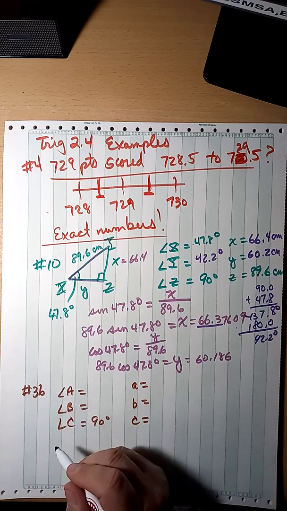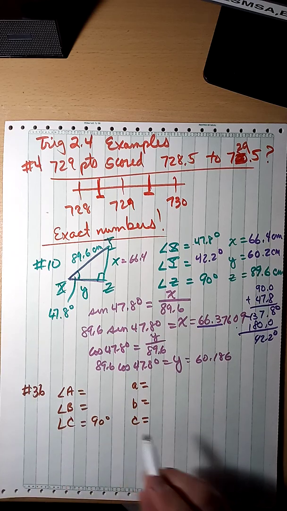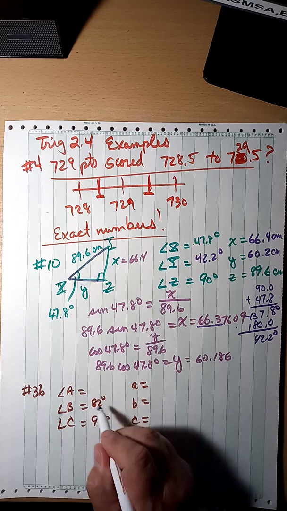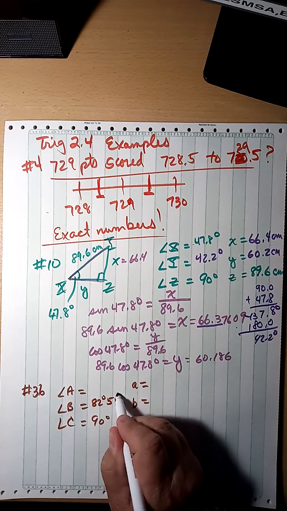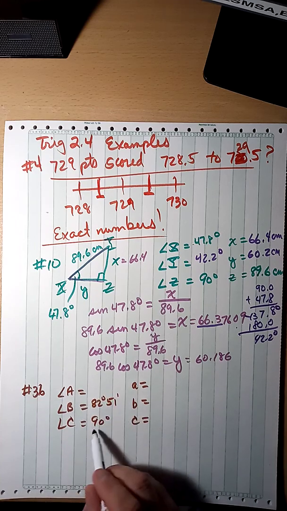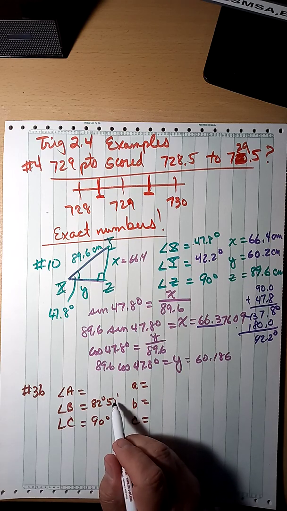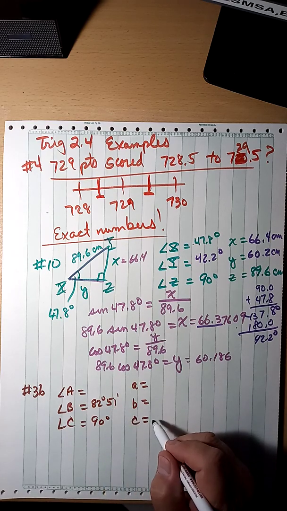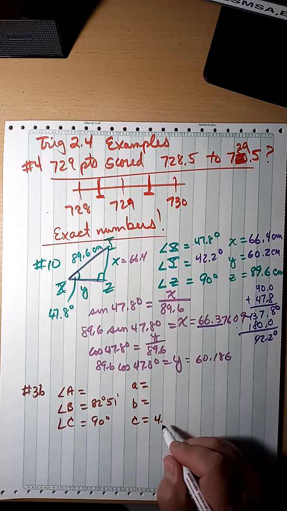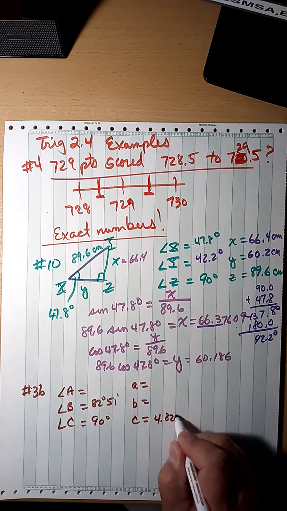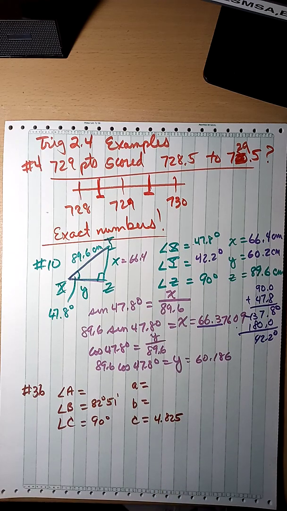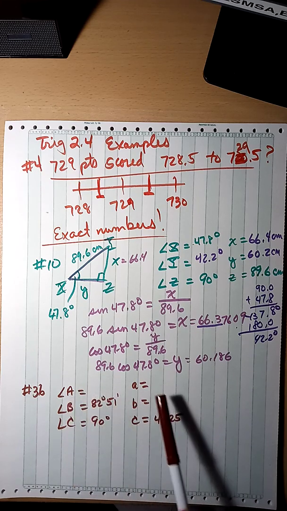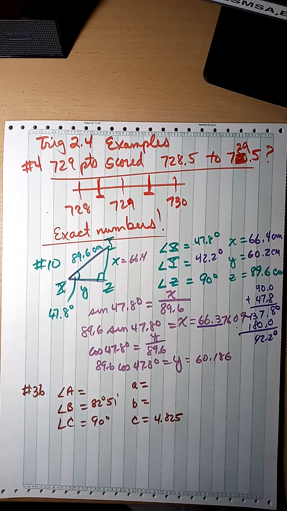For number 36, they give us angle B is 82 degrees, 51 minutes. So I'm going to do all my angles, except for 90, to the nearest minute. Side c is 4.825. And now I have to find angle A, side a, and side b.